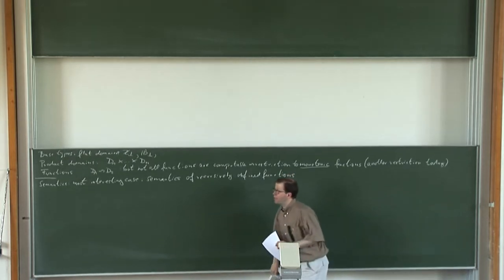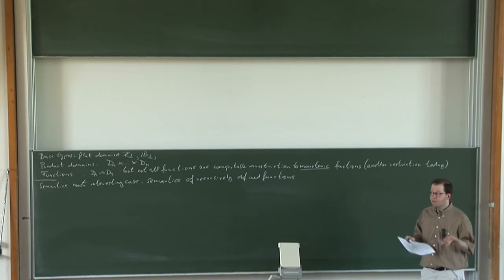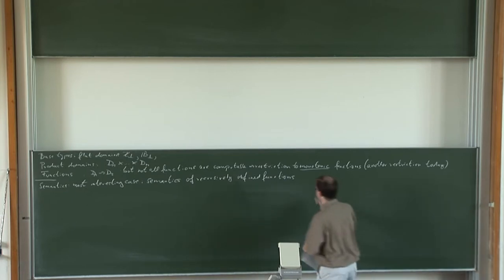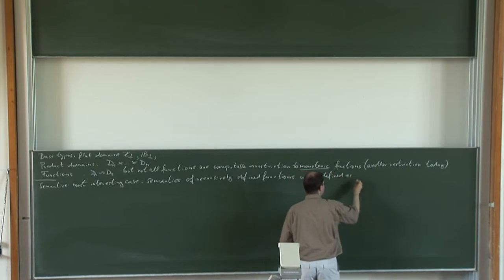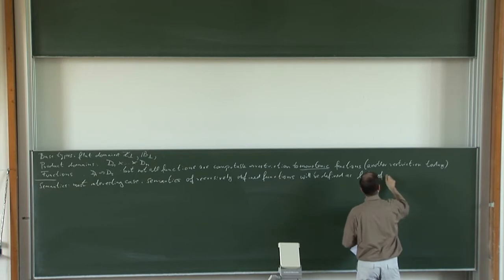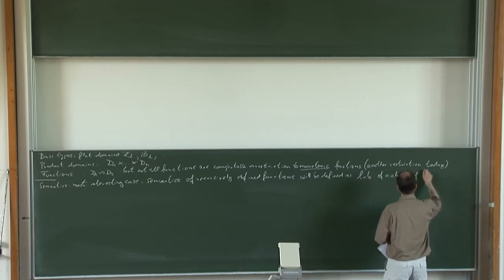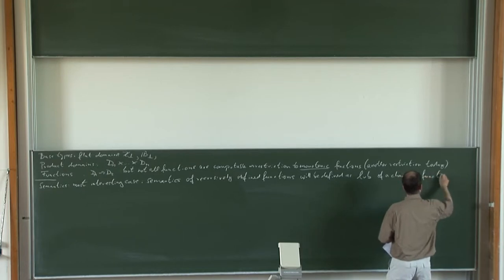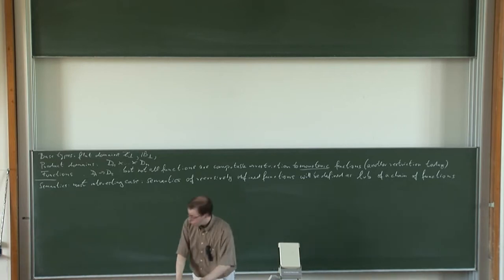And we will do this by defining the semantics as the limit or as the least upper bound of a certain chain. So this will be defined as the least upper bound, lub for short, of a chain of functions. So what is a chain?